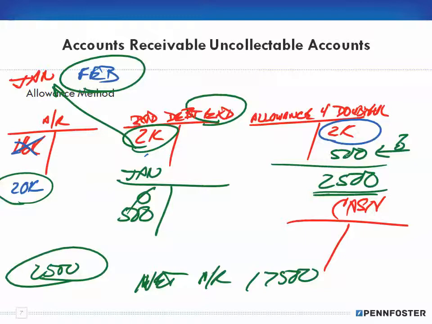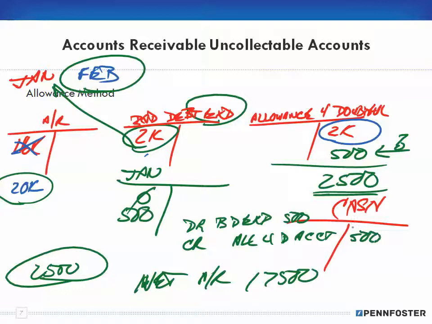I have to write off $500. And so then I make the adjusting journal entry to debit my bad debt expense for $500, and I'd make that a credit to my allowance for doubtful account for $500.